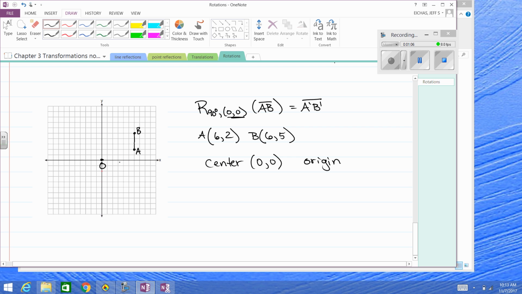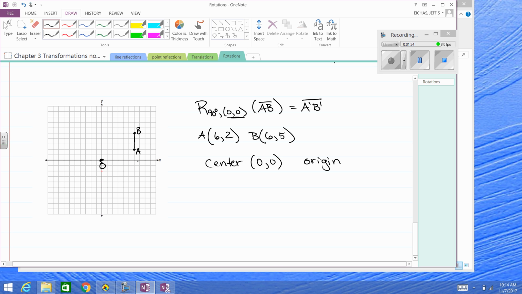So when I rotate, I think of it as a circle. The point A is going to follow a circle. I'm not even going to bother trying to draw the circle here, but I want the center of the circle to be O, and A is going to follow that circle. Now, I'm going to use geometry concepts when I do these.